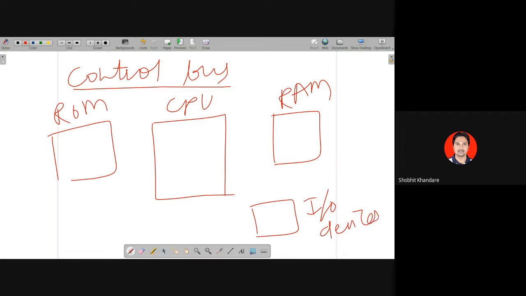IO port, IO devices, or IO peripheral devices, they are all the same.